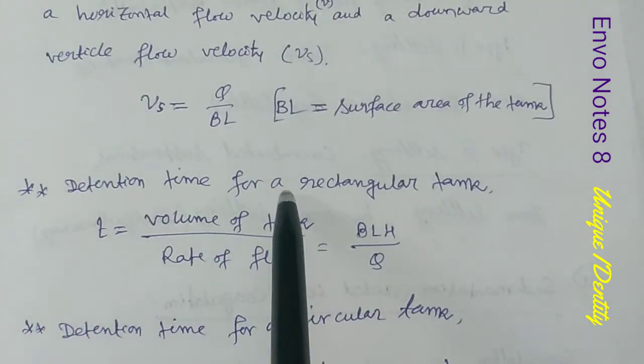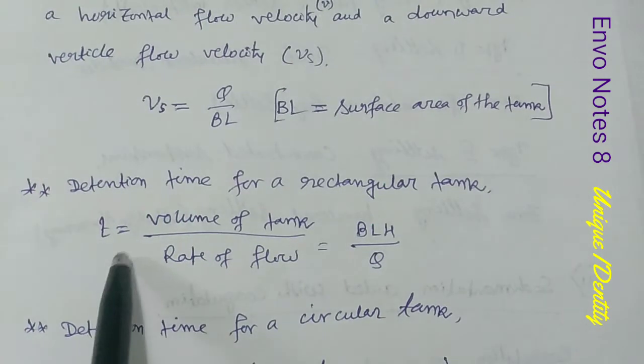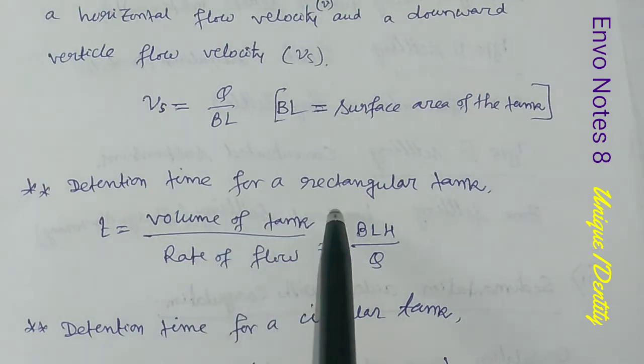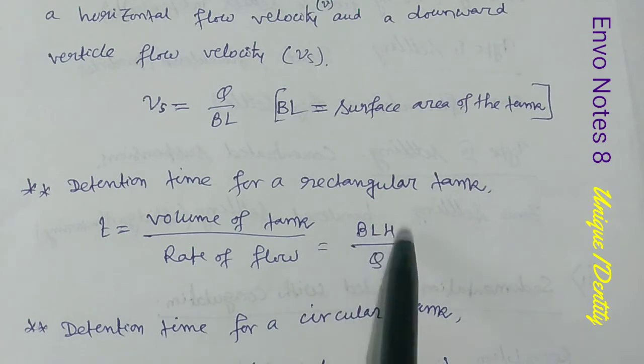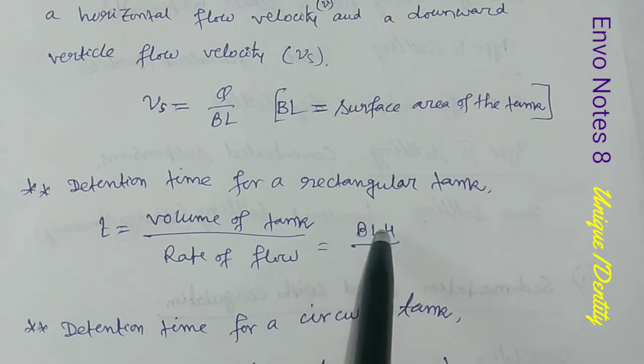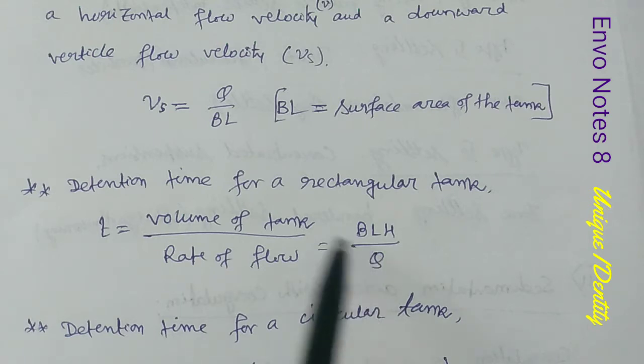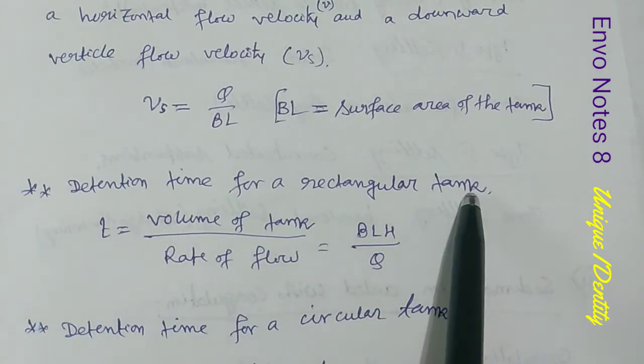Next is detention time for a rectangular tank. Small t equals volume of tank by rate of flow. What is volume of tank? That means BLH, width into length into height, by Q. That will give the detention time for a rectangular tank.